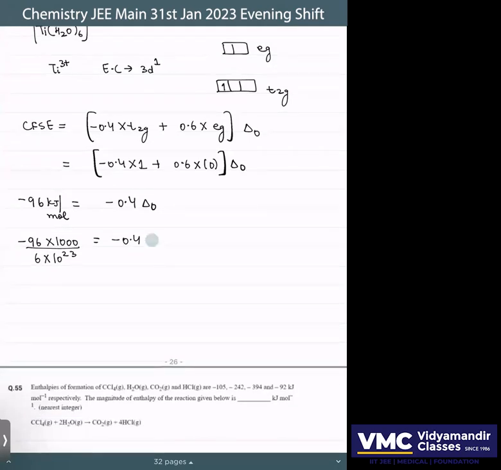Now we can write this delta O as hc by lambda. This lambda is the wavelength which is asked of us. We can put the values of h and c and calculate the value of wavelength.